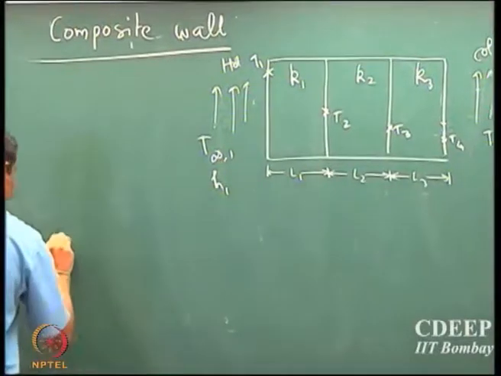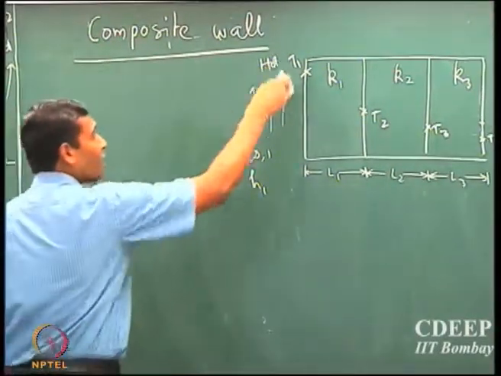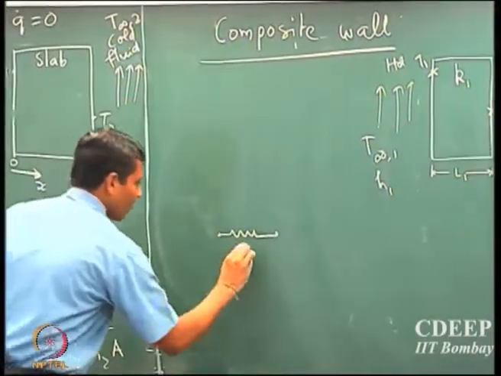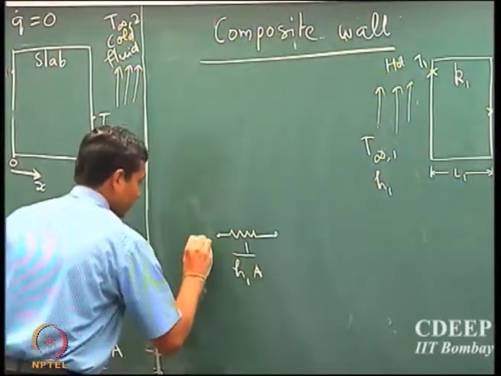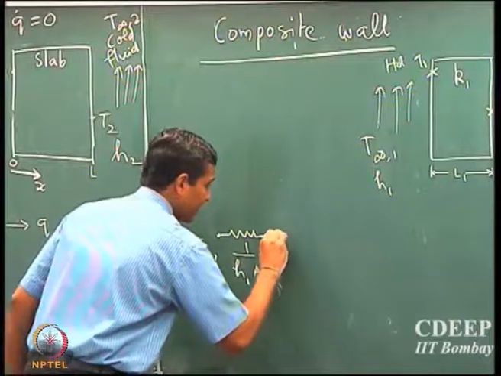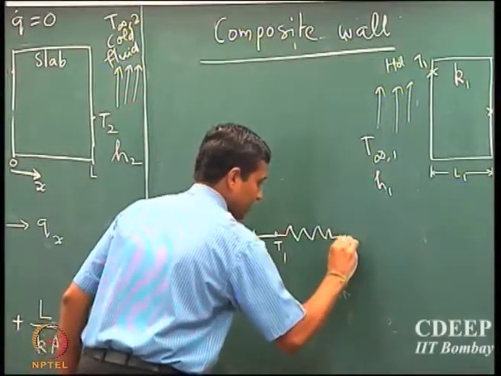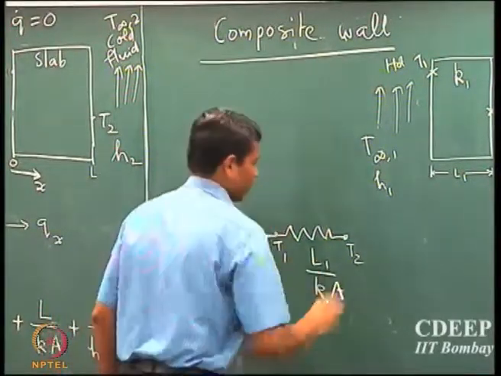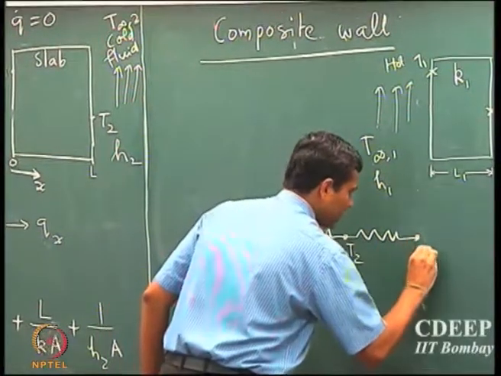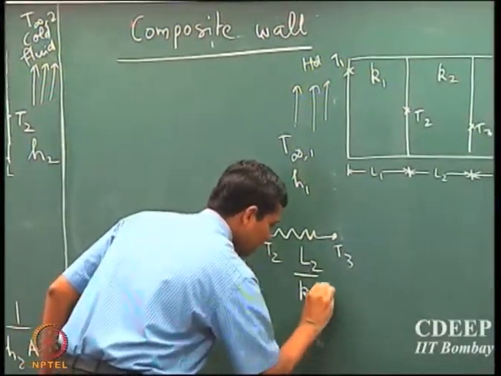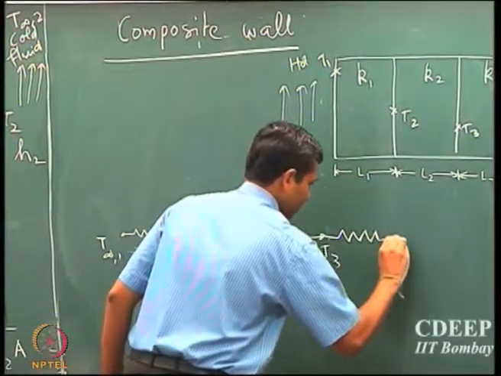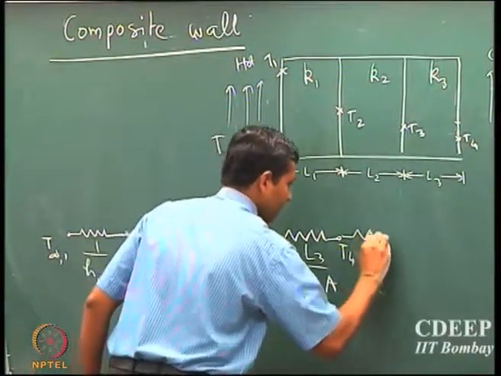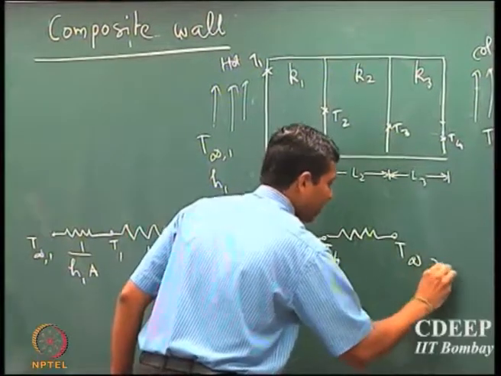The first one is the resistance offered for transport of energy from the hot fluid to the first slab. That is 1 by H1 into A, between T infinity 1 and T1. Then T2, and this is L1 by K1A, then T3, L2 by K2A, then T4, L3 by K3A, and this is T infinity 2.